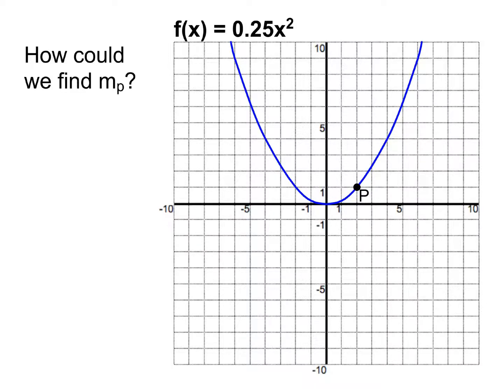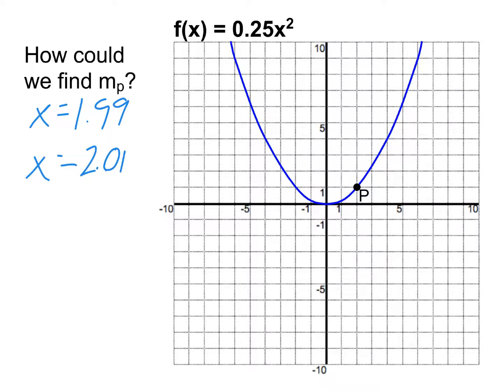The x value that we are working with is here at 2. So you might try, for instance, x equals 1.9 and x equals 2.1. And you could find those two slopes and see how that might help you. Or you could even go crazier. You could go to like 1.99 or 2.01, and you could get really, really close, and you could do calculations that way. So that's one way you could do it.